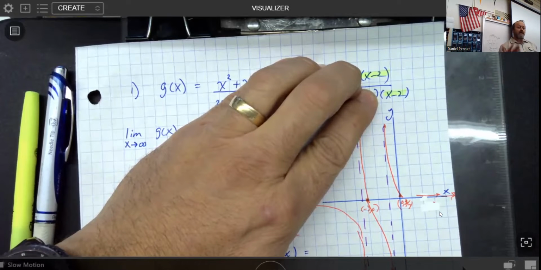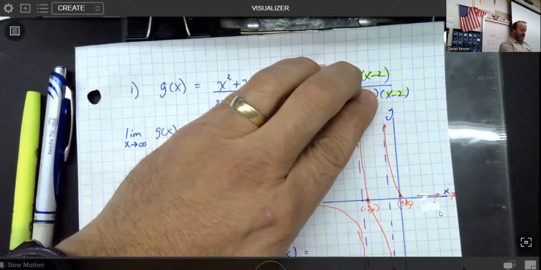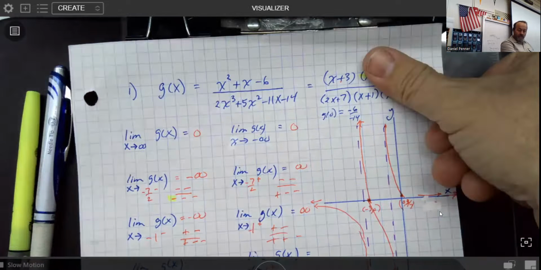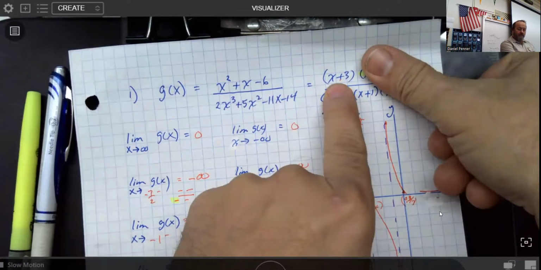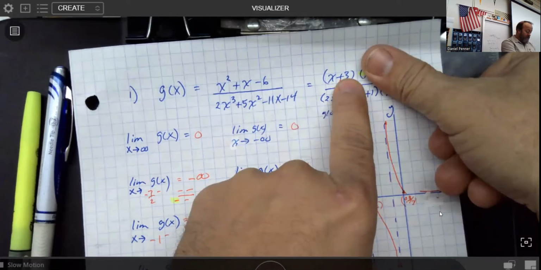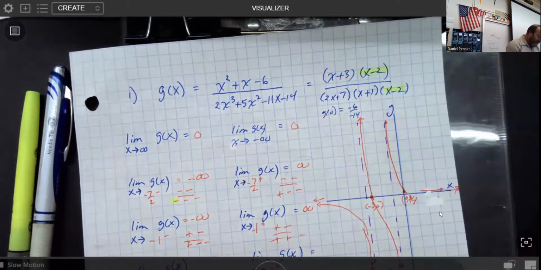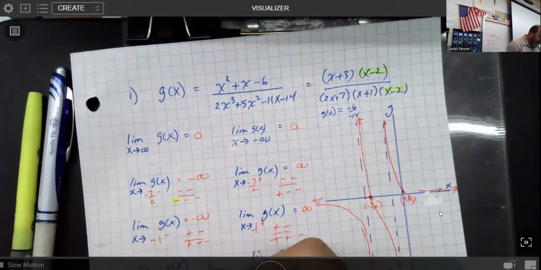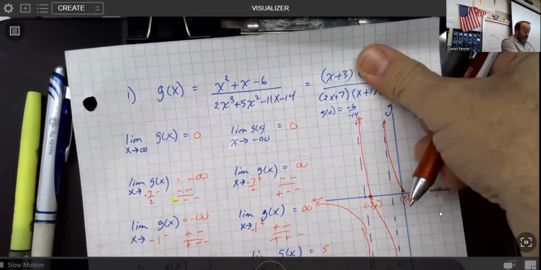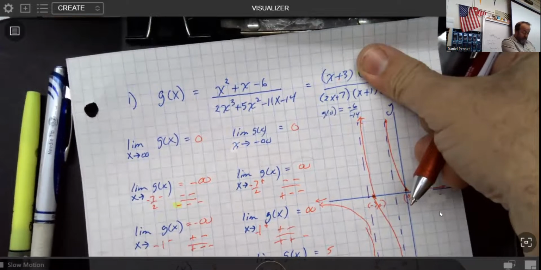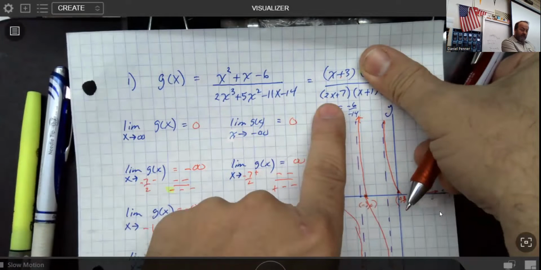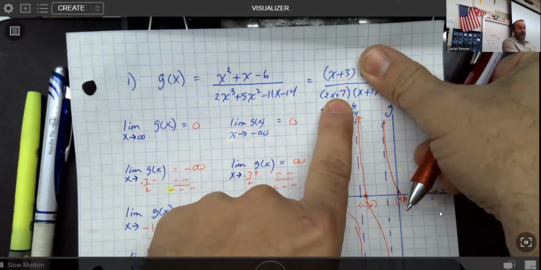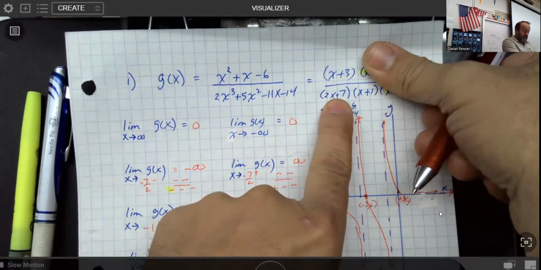So what I have to think about is what is happening to the other values. So if I plugged in 2 or something super close to 2, then something super close to 2 plus 3 is something very, very close to the number 5. And it doesn't matter which side. If I'm very close to 2 and I add 3 to it, I'm very close to 5. Now down here, if I'm very close to 2, I get 4 plus 7 or 11. Now not perfectly 11, but very close to it.